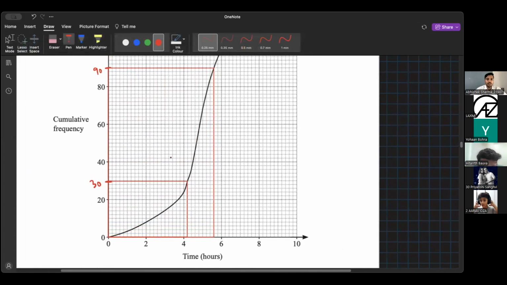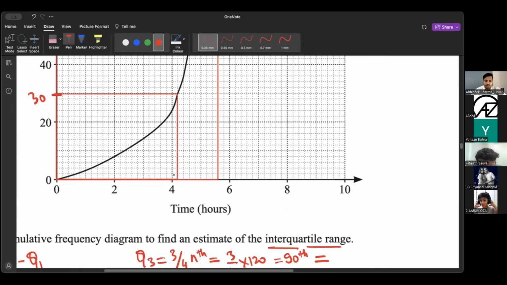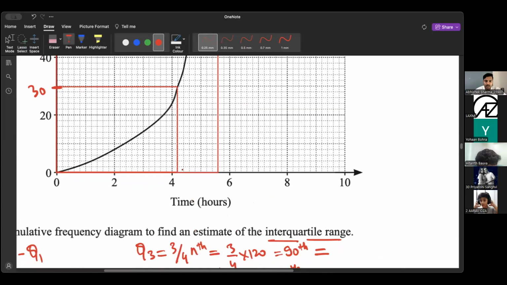Now we will figure out the units between 4 and 5. So this is 4.2, 4.4, 4.6, 4.8 and 5. This is 4.2.